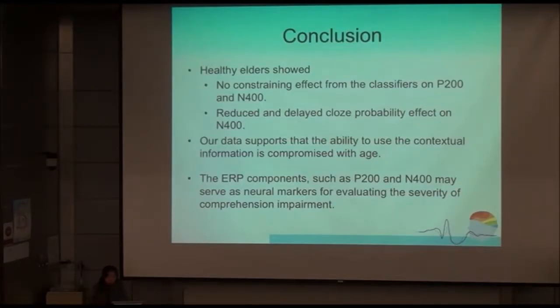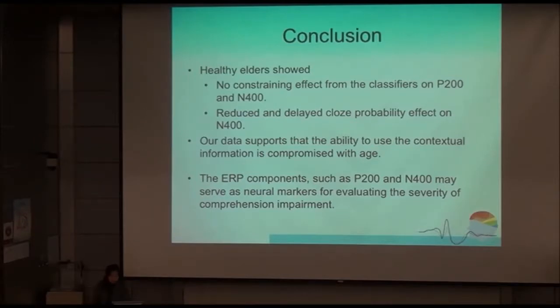So to conclude our second set of studies, we find the healthy elders show no constraint effect from the classifier, either on P200 or N400. And they also show a reduced and much delayed cloze probability effect on N400. So our data support that the ability to use contextual information is compromised with age.